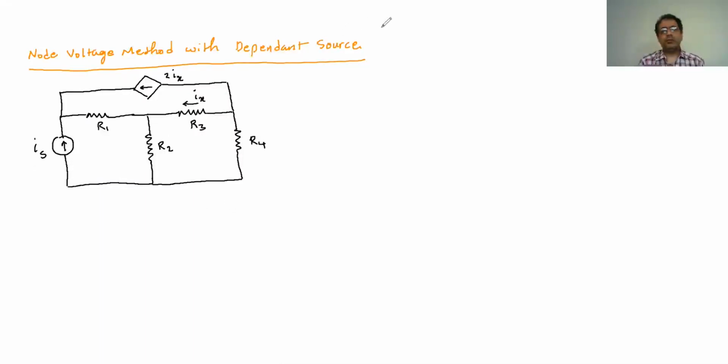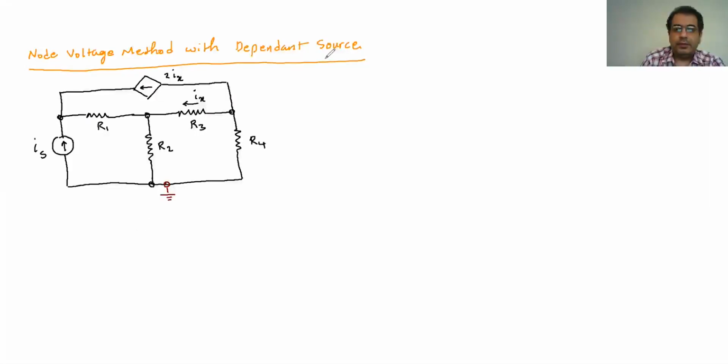If you're working with the node voltage method, remember the very first thing that we have to do is choose the reference node. So I say my node is going to be one here, I have another node here, another node here, and another node here. As I said, most of the time we take the node at the very bottom as the reference node. So assume I say this is my reference node.